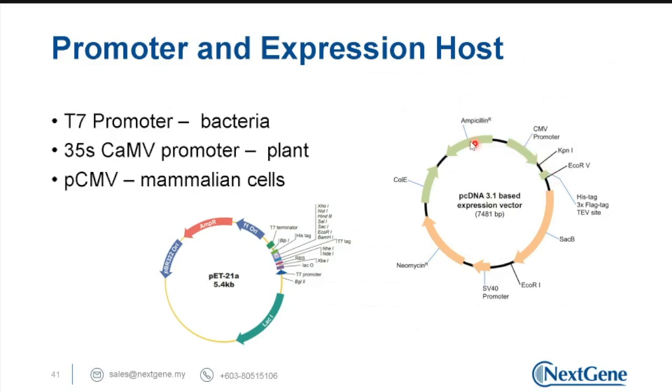If you are using plant cell, although GenScript does not offer any plant plasmid or vector, they actually use another promoter, the 35S promoter from cauliflower mosaic virus.